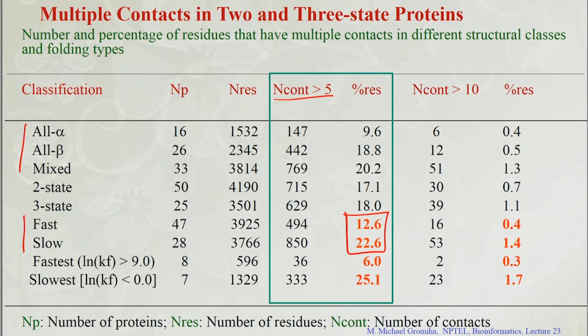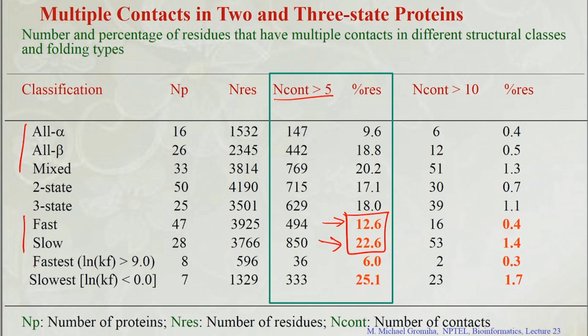If you do so, the fast folding proteins have only 12.6, and the slow folding proteins you can see 22.6 percentage of the residues present. This will tell you that the proteins with more number of the multiple contact residues are slowing down the folding process.